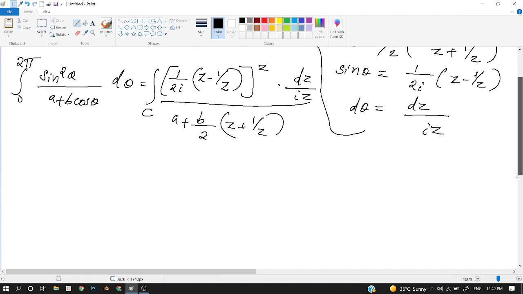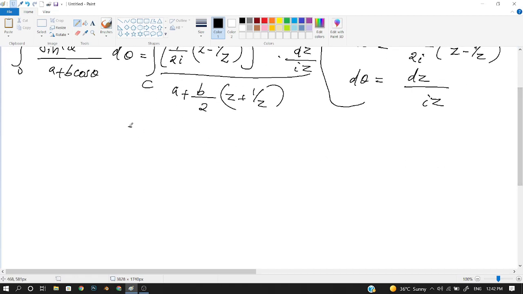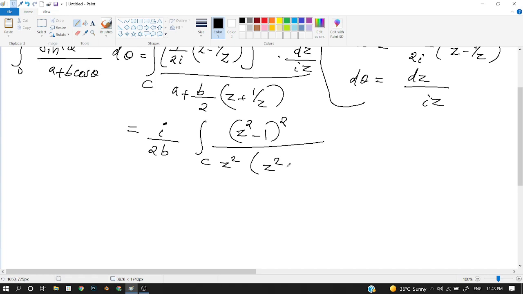Now we can arrange the terms here. So this is equal to i by 2b integral over C of z square minus 1 the whole square divided by z square into z square plus 2a by b z plus 1 into dz.